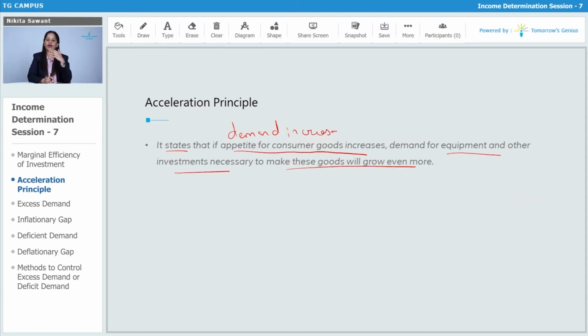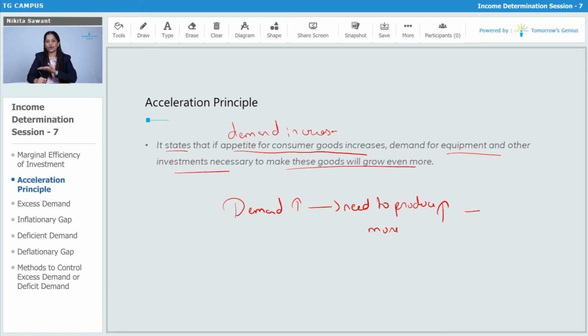Now if demand for goods increases, the producers will produce more and more goods and services. So if demand increases, production will also increase, or the need to produce more will also increase. Now how will they produce more goods and services?